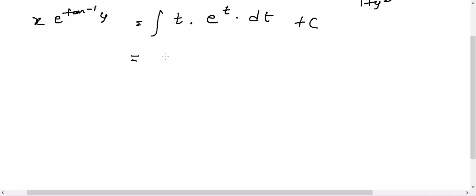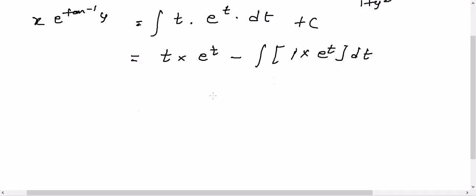So first it will be t into the integral of e to the t, which is e to the t, minus the integration of the differentiation of the first function, that will be 1, and then the integral of e to the t is e to the t, into dt. So guys, now this is plus c, I am missing that.